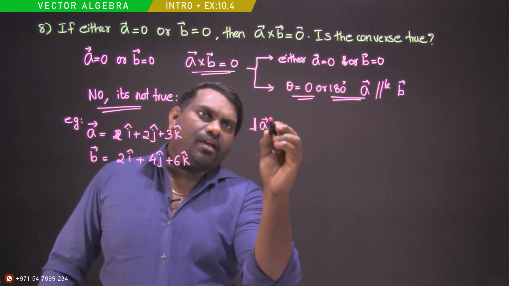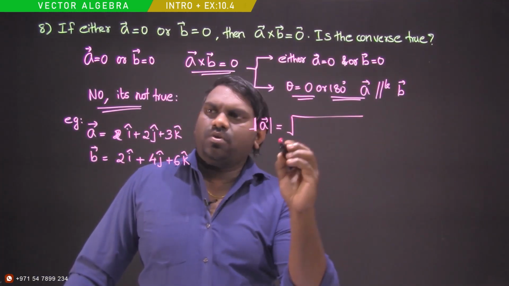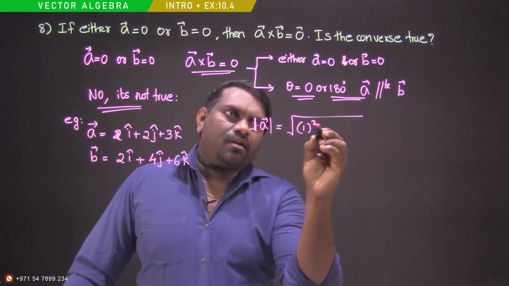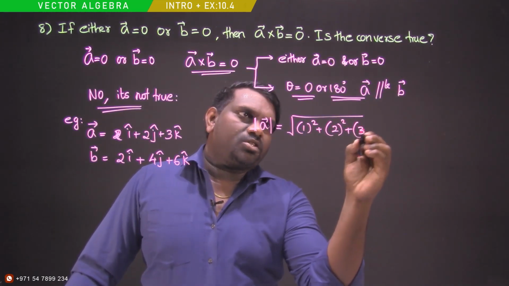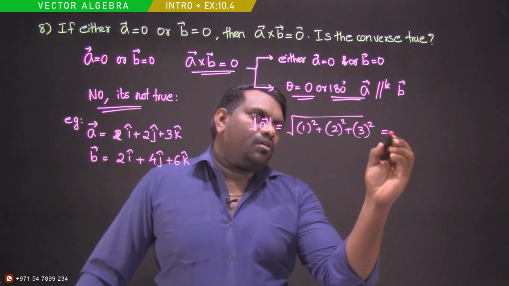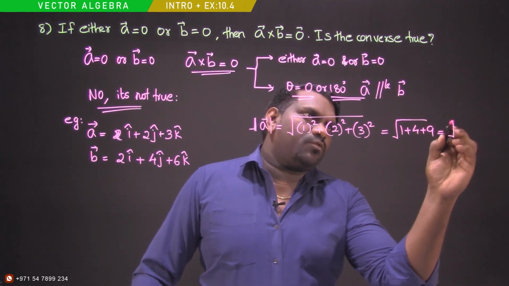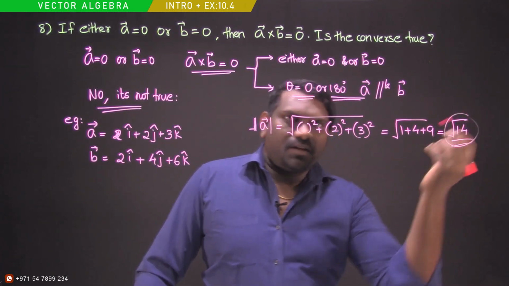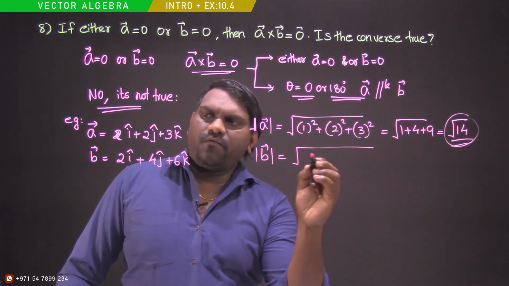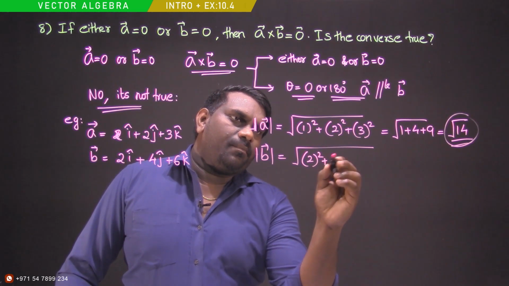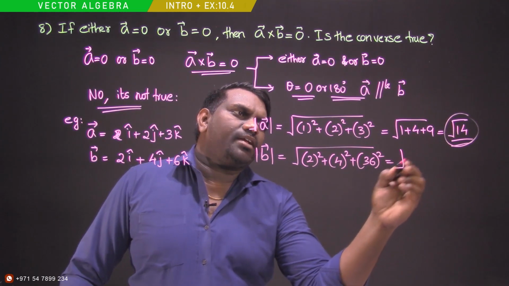Then you find the magnitude of A vector, which is root of 1 square plus 2 square plus 3 square, which is root of 1 plus 4 plus 9, which is root 14. What is mod of B? It is root of 2 square plus 4 square plus 6 square, so it is not going to be 0.